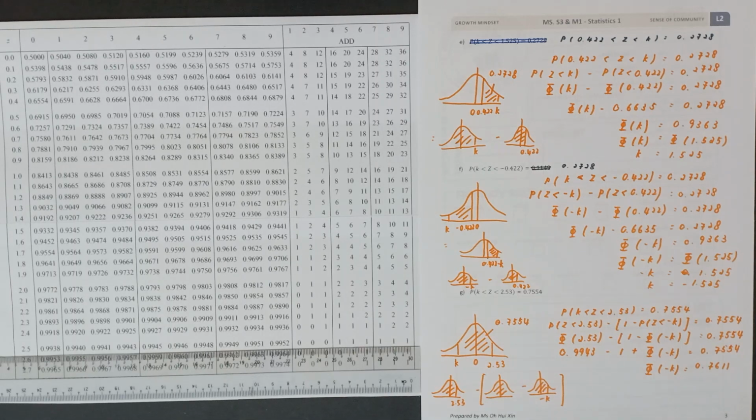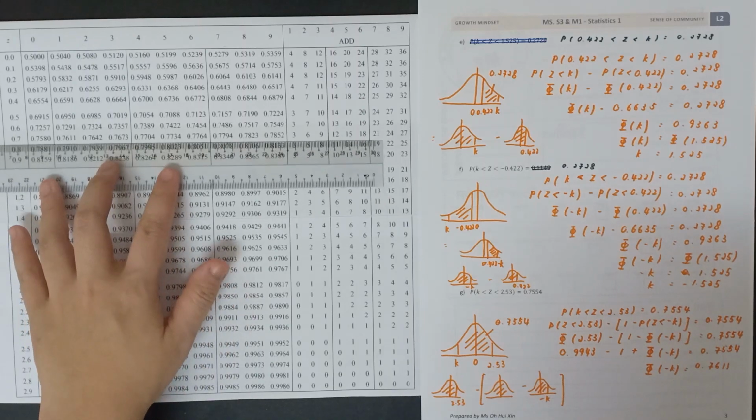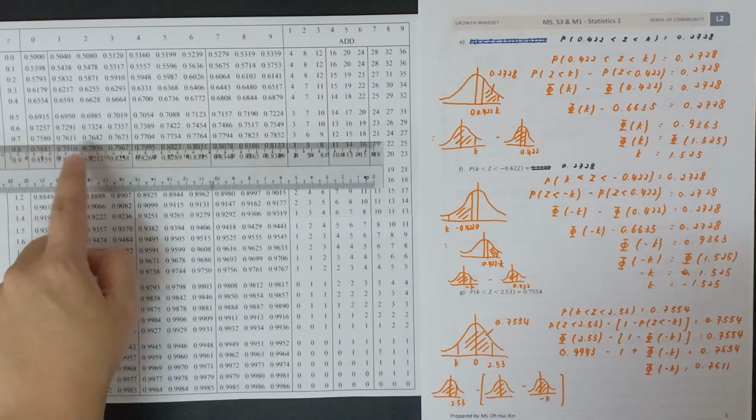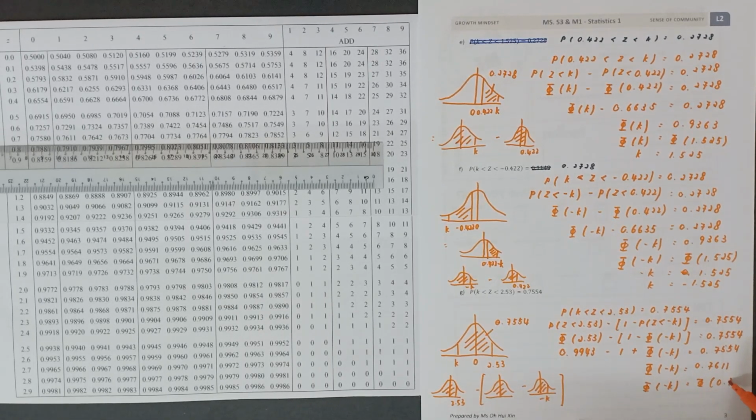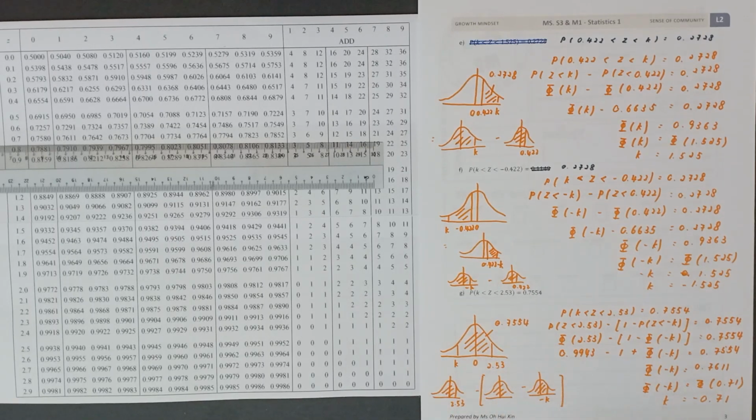After this, you can find it in your table. 0.7611 gives you 0.71. So negative K equals 0.71, which means your K is basically negative 0.71, which is correct. One positive, one negative, this is how you get an area that is greater than 0.5.